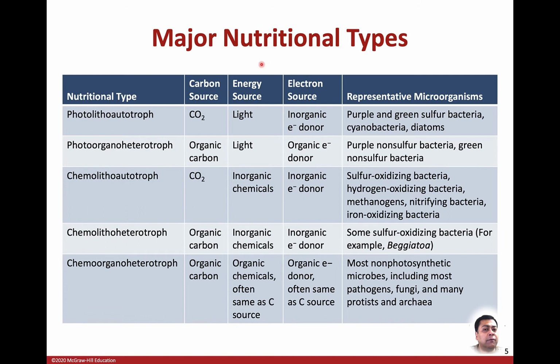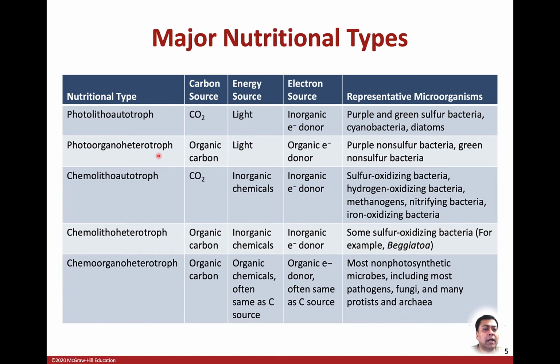So electrons are flowing from this material to this, and that's how they make their own molecules for the energy production. Examples are the purple and green sulfur bacteria, cyanobacteria, and diatoms, and these are essential for the biogeochemical cycles that go on the earth, and the sustainability of earth actually depends a huge amount on these different types of energy requirement. Photolithotrophs, very important.